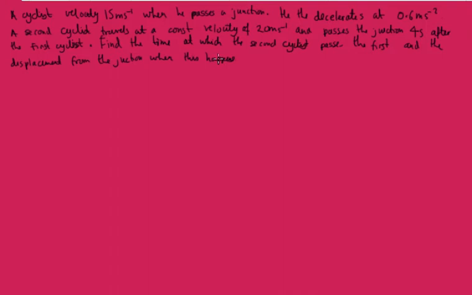So let T1 be the time cyclist 1 reaches the junction, and let T2 be the time the second cyclist reaches the junction.